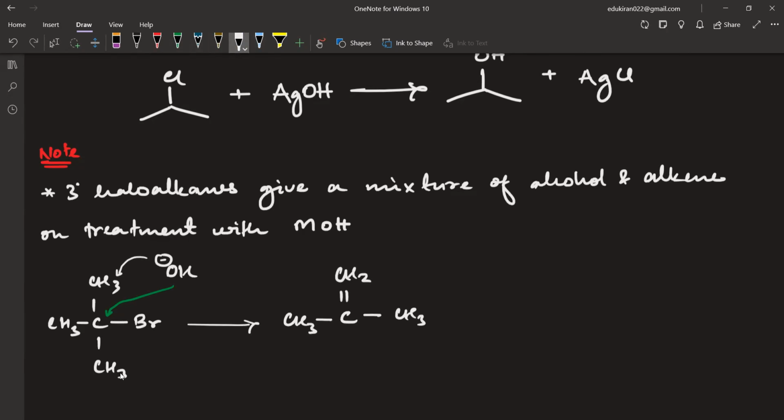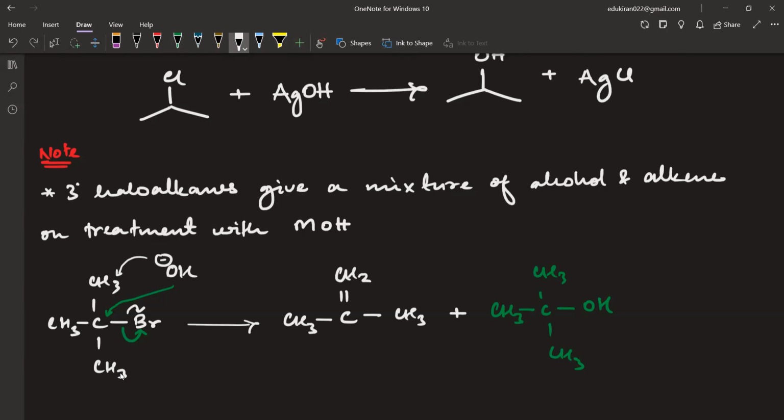In both cases, the Br is going to leave. If we have the green attack, then it is going to be CH3, carbon, CH3, and, sorry, not Br, rather we'll have OH here. Now there is a mixture here: you have alkene as well as alcohol.